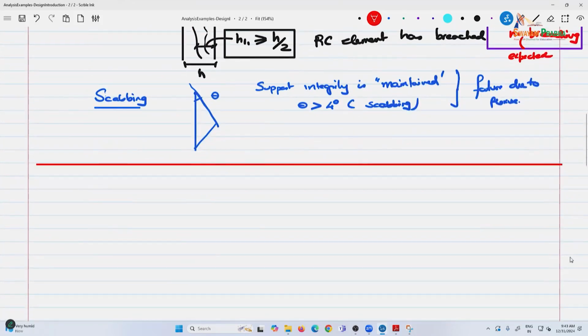So, examples. We'll continue some equivalent SDOF examples. Again, both are relatively simple.